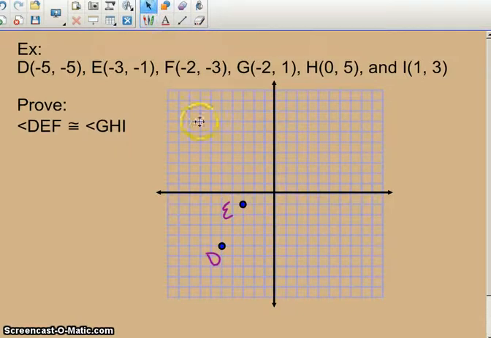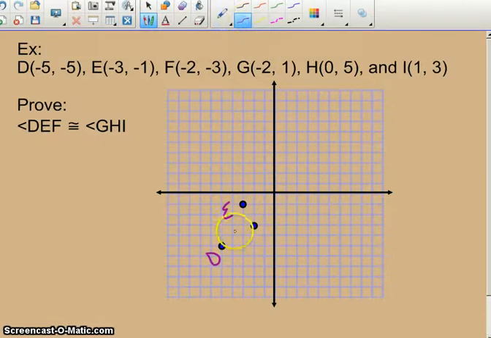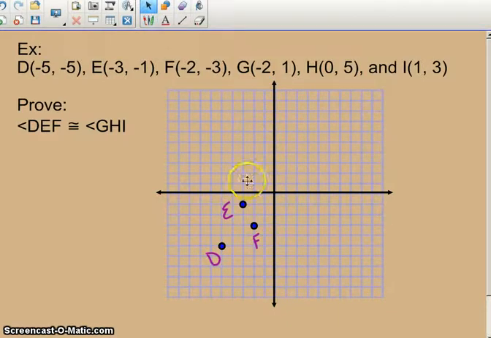Let's go ahead and clone the next point here. Boom. We're at -2, -3, and that's going to be our first triangle there. So we're going to label F. Then we've got to label this next triangle, so I'm going to copy a new point here, clone it, and this point is going to be at -2, 1, and I'm going to label this in red.